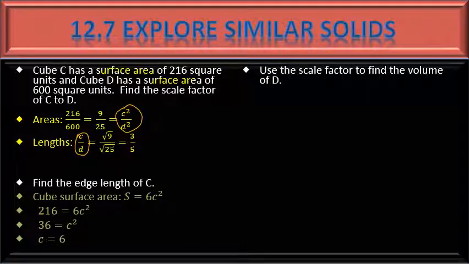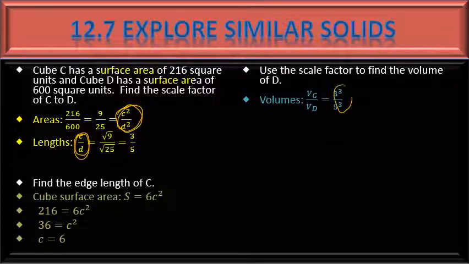Now let's use the scale factor to find the volume of D. So the volume of C to D, alright, so lengths are just C to D, areas are squared, volumes are cubed.